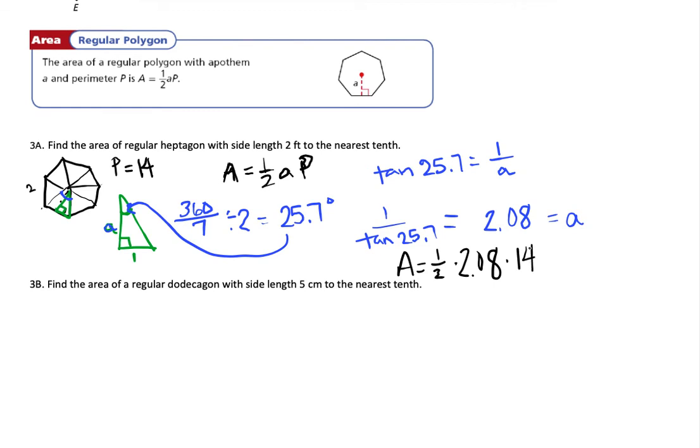I'm going to plug that into my calculator, and I get about 14.5. That is my area of this heptagon. What is the label? Feet squared. We'll do another one.